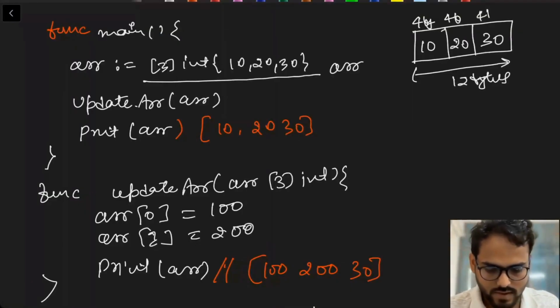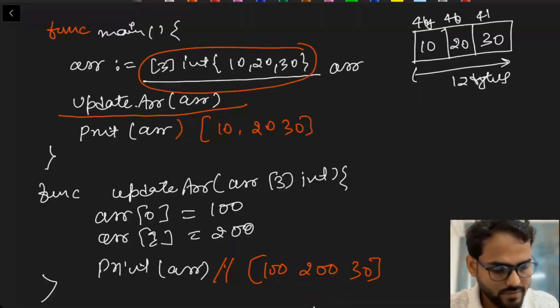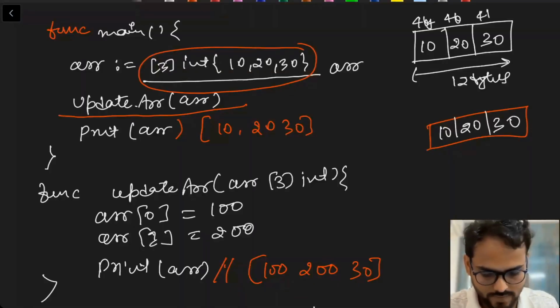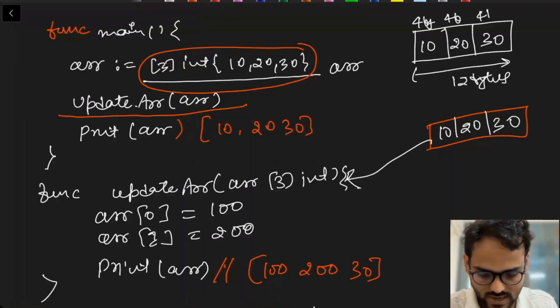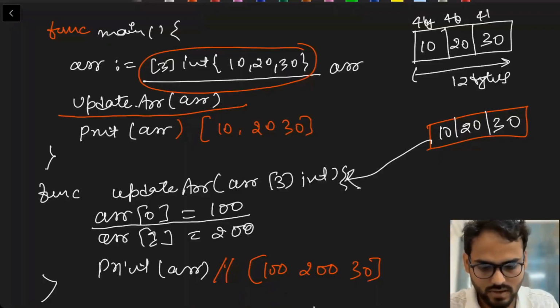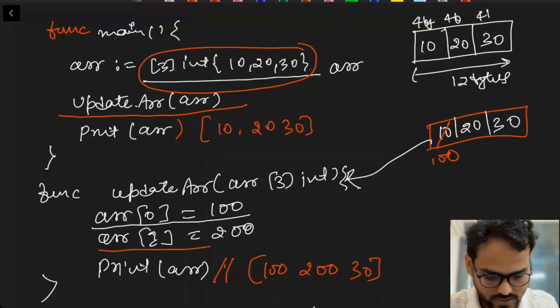Now when this update array function is called, Go will create a copy of this. So in RAM it will again create a copy of this with the values 10, 20 and 30, and this will get passed to this function. So when inside this function this first statement is executed, instead of this 10 we will have 100, and instead of this 20, for this second statement, we will have 200.